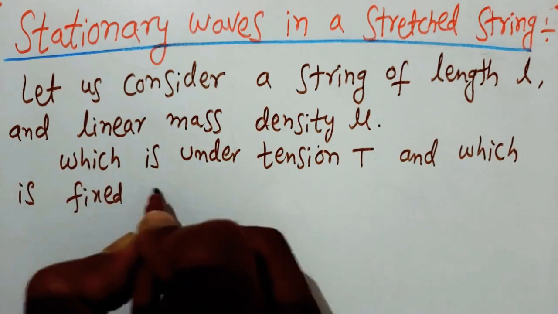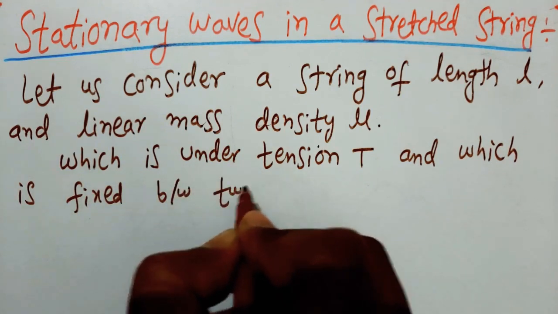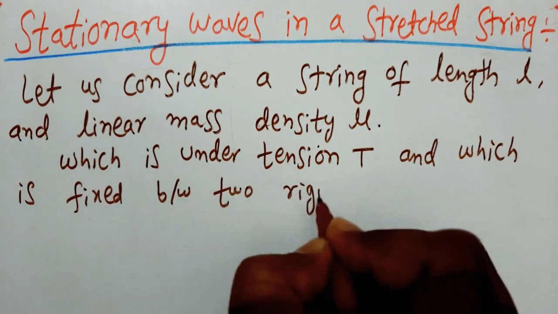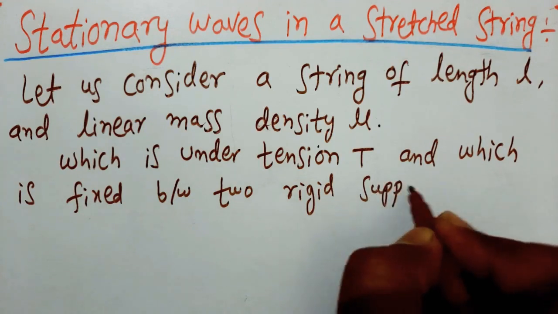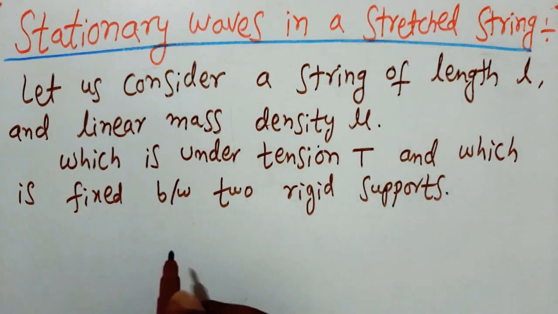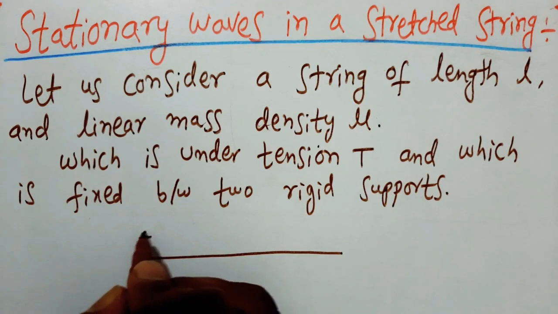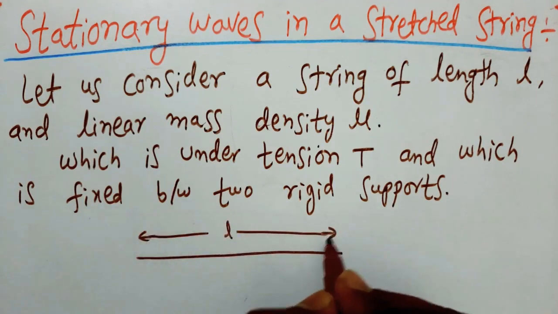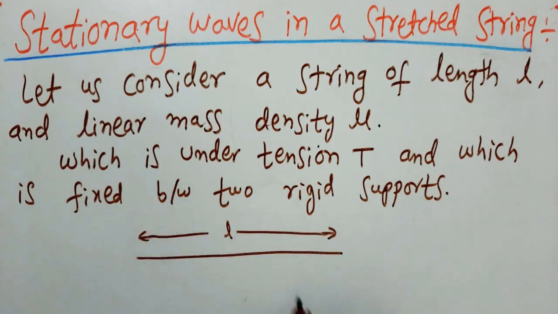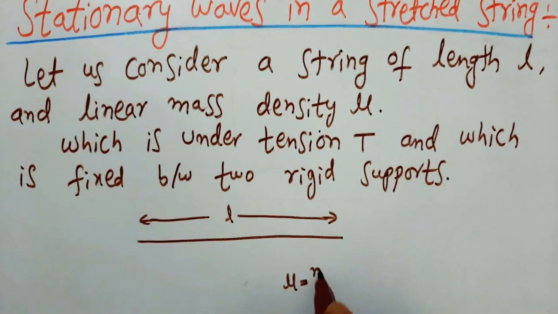So here I am taking a string. The length of the string is L, and linear mass density is mu. So mu is nothing but mass per unit length, that is m by L. The string is fixed between two rigid supports.